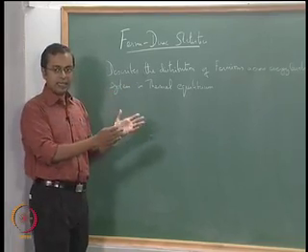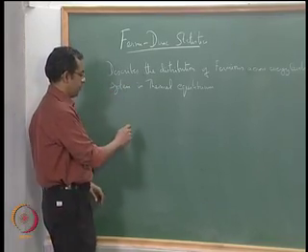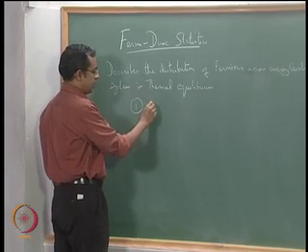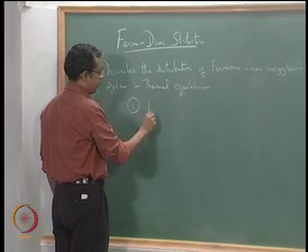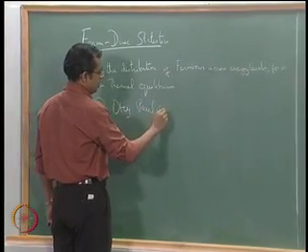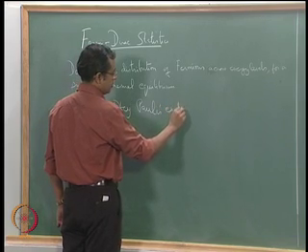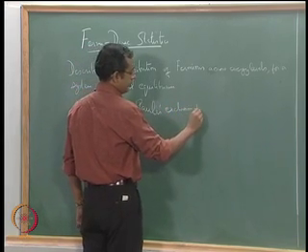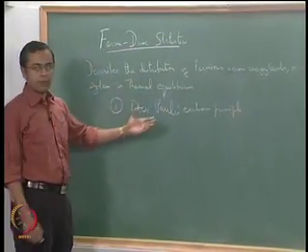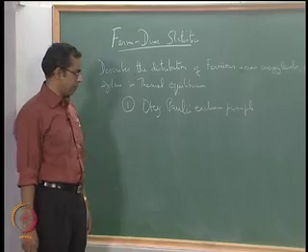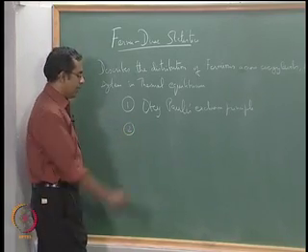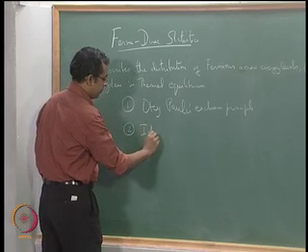So what are the conditions? We will just state them very briefly because we have discussed them in detail earlier. First of all, it says that the fermions obey Pauli's exclusion principle, and therefore this description applies to them. The particles are identical and indistinguishable.